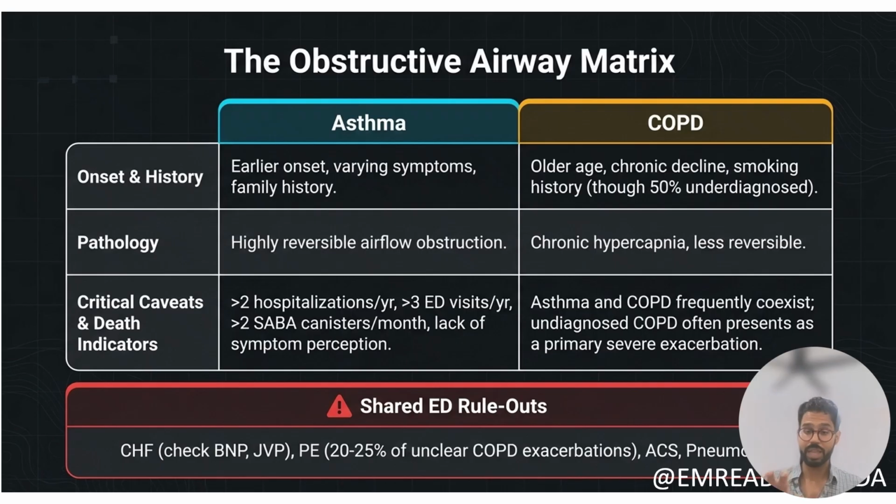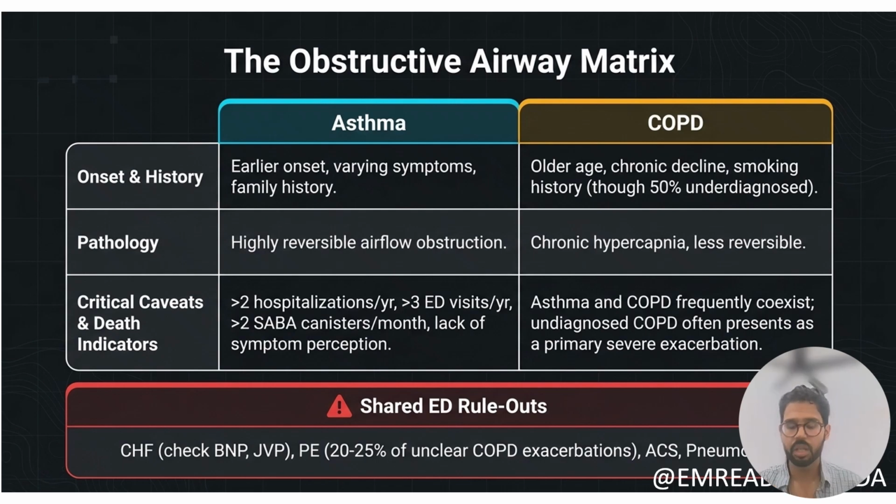Some of the things that we have to rule out, regardless of whether we're looking at an obstructive airway that's more of an asthma or a COPD type of presentation, are CHF and pulmonary embolism. For CHF, we're going to check BNP and JVP.